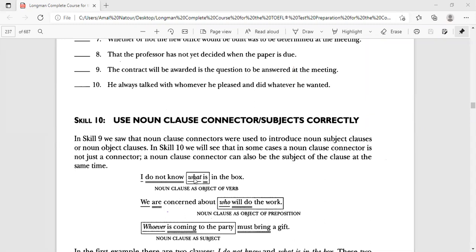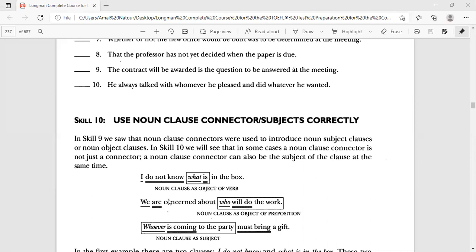It is important to understand that in this sentence the word what serves two functions. إلها دورين. It is both the subject of the verb is and the connector for the first and the second clause, the connector that joins the two, and it plays the role of the object for the verb know. Okay, object for the verb know.